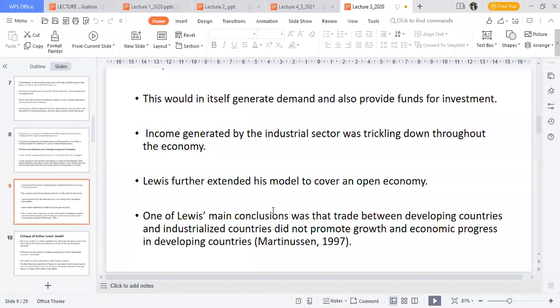And it's true. So let's picture it. What Lewis thought is that let's picture Ghana, or UPSA, as a poor country. And let's picture the USA, or we trade with China, as an advanced country. Now, when you trade with them, what do you think will happen? They will end up pulling all your resources and they're going to cheat you and exploit you.